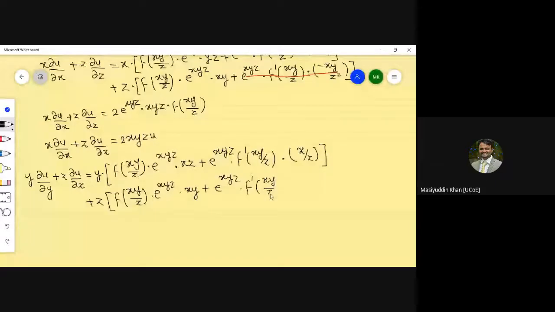So again, the same concept we apply here. If we multiply these two parts, we'll get a similar result.